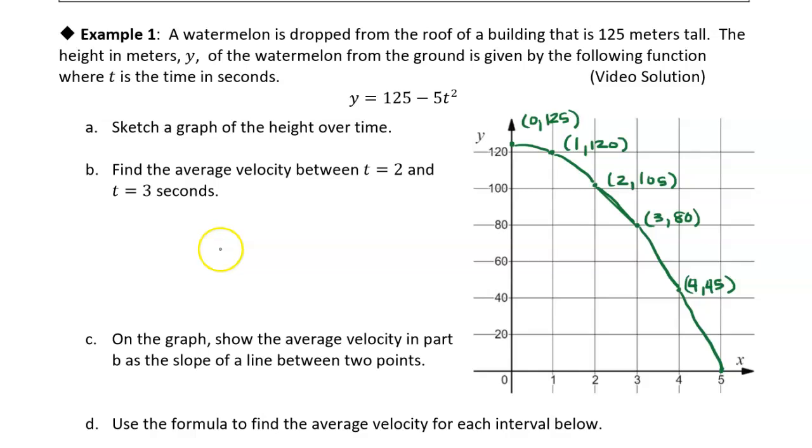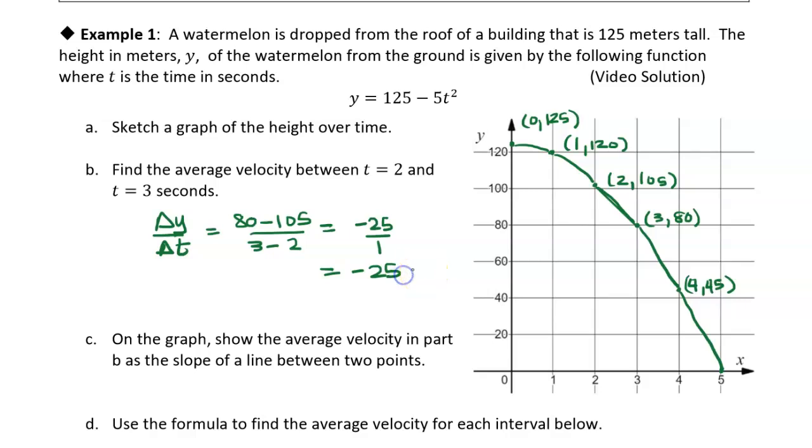All right, we want to find the average velocity, so it's going to be the change in y over the change in t. And I can just take 80 minus 105 over 3 minus 2. So I get negative 25 over 1, which is negative 25.